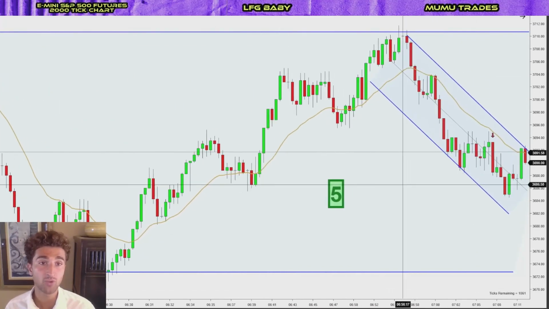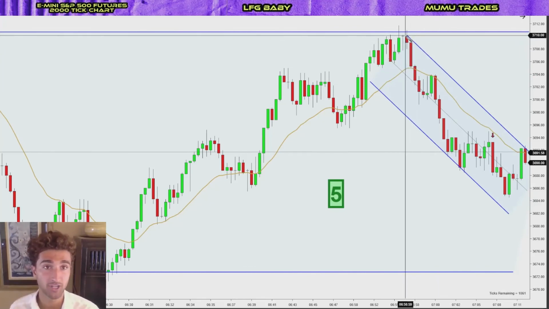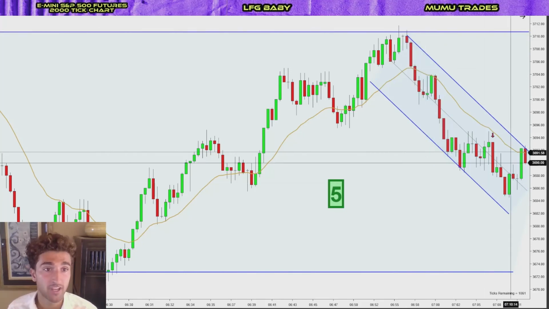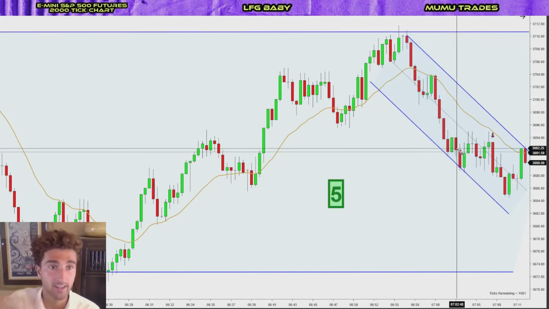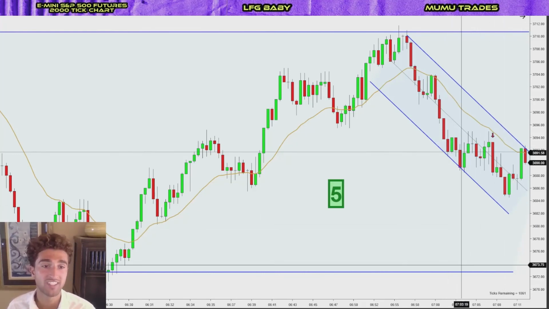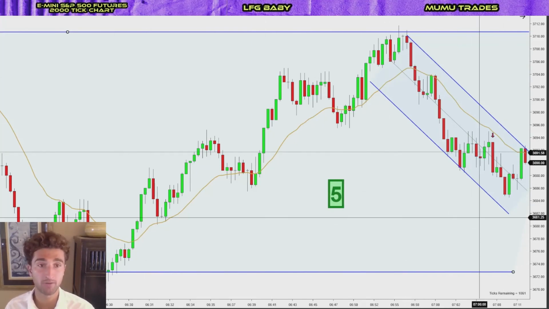And even though we had a break and a new low of the downtrend we had originally, because we tested the EMA once again, and there's so much selling pressure at this level, we can be confident that we're still attempting to go all the way to the bottom of this range.